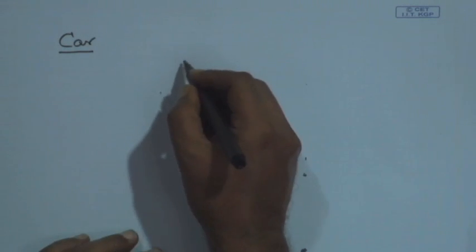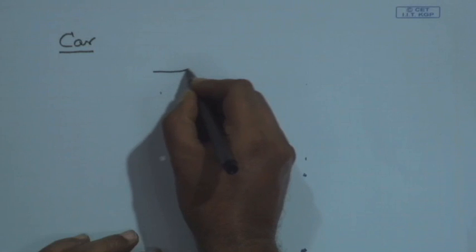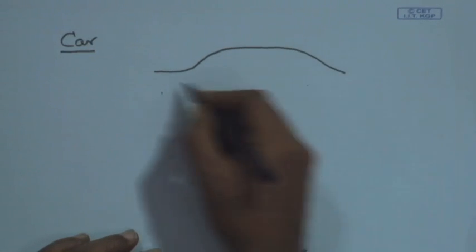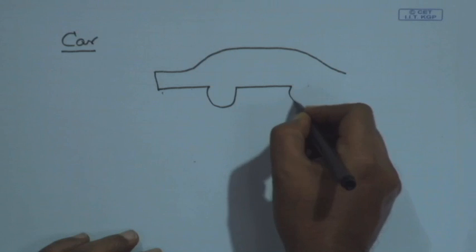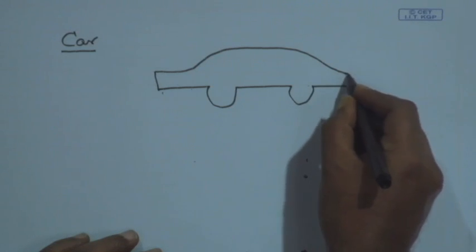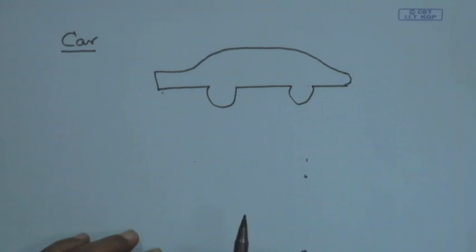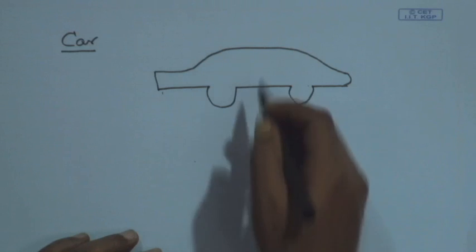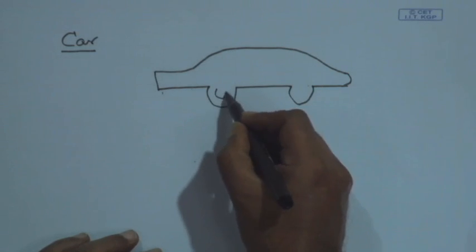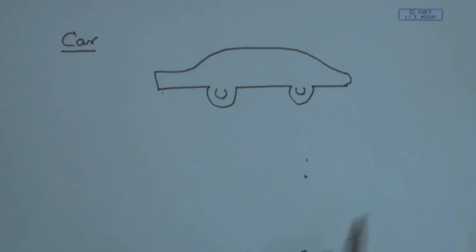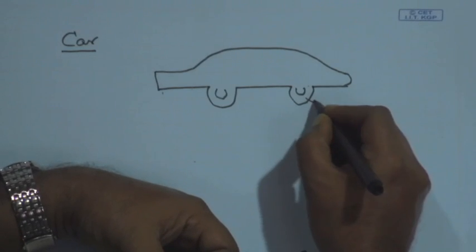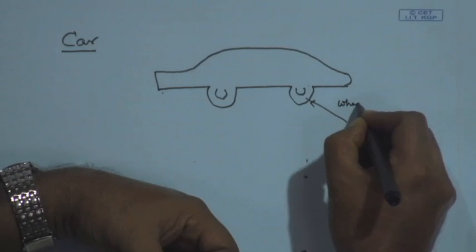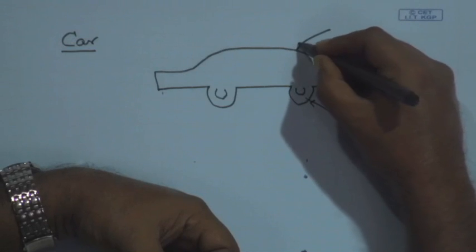Now, you can describe a car with something like this, that there is a car, looks like a car. Now, let me beautify it. Okay. Now, what does it say? And I can say that these are wheels, this is the body.